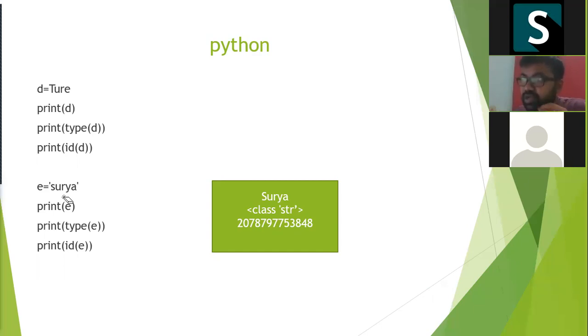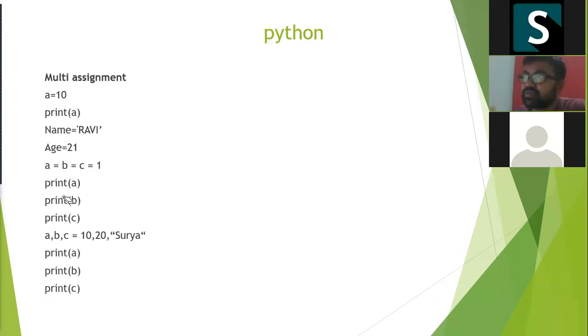I'll explain more about strings; we'll take one or two days especially for strings. Before that, we'll go with the integers, floats, and a little bit of Boolean and complex numbers.